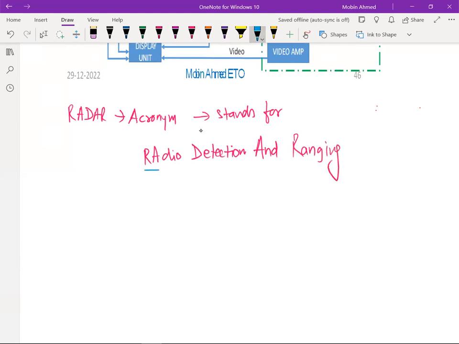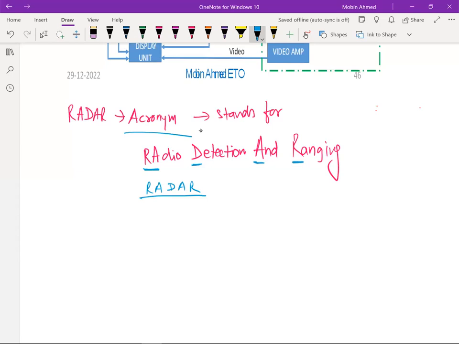So you can say RA is taken from here, D is taken from here, A is taken from here, and R. Okay, so it has become RADAR, radar. So this is the acronym of radio detection and ranging.